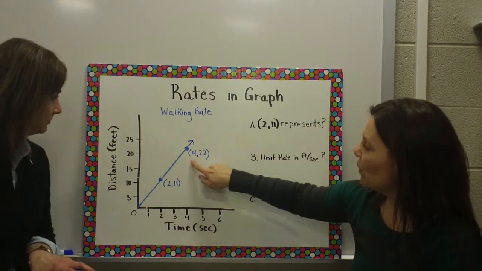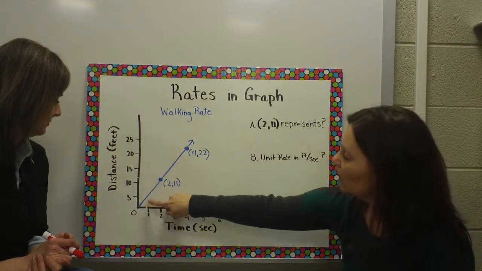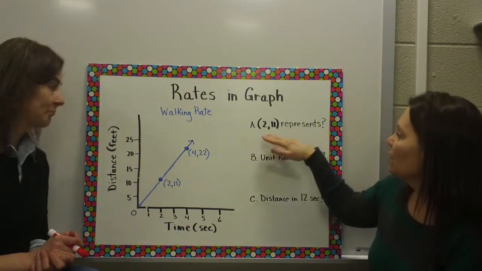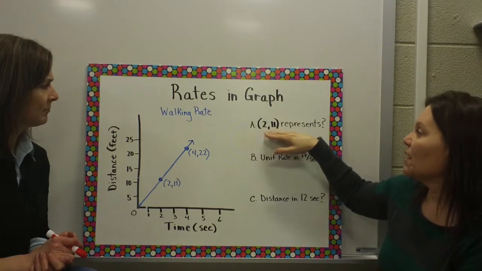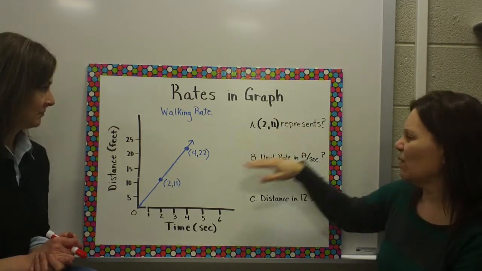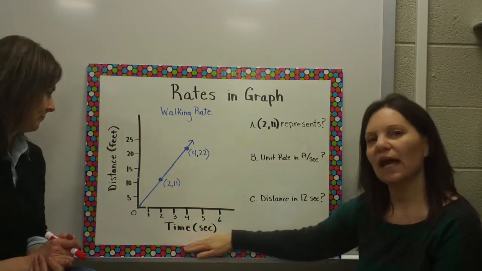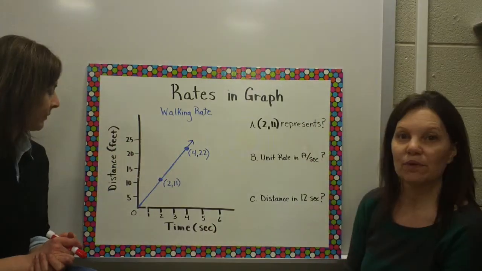We have 2 points that I located on our graph, and then we have an arrow showing what our walking rate looks like here. The first question asks, for the ordered pair 2, 11, what do those numbers represent? So remember, we're going to look at each of these axes, and that will tell us what that information represents.